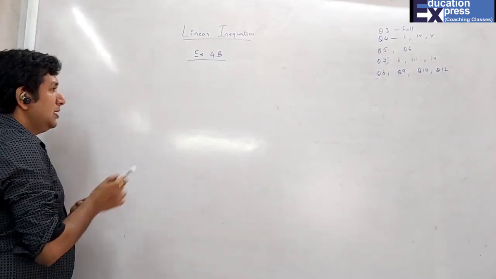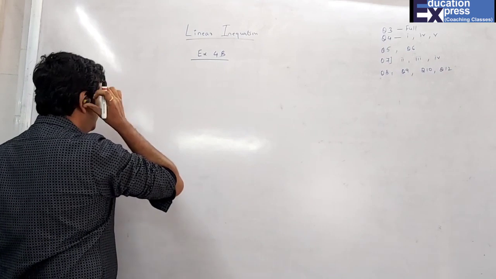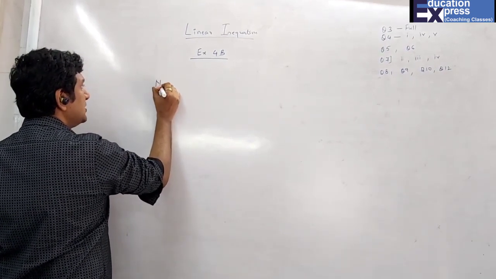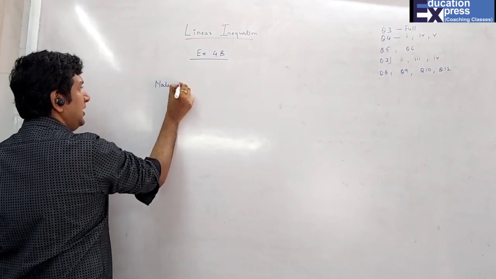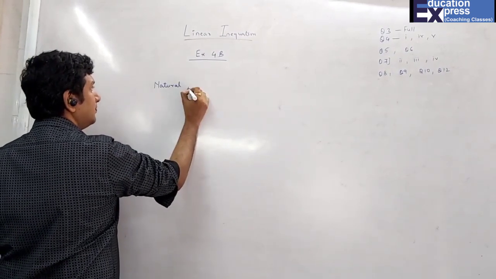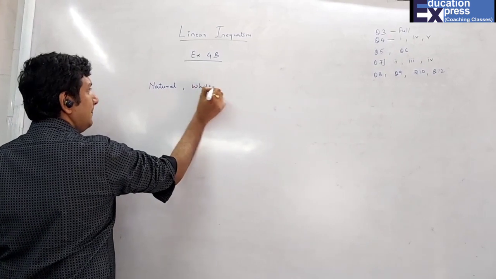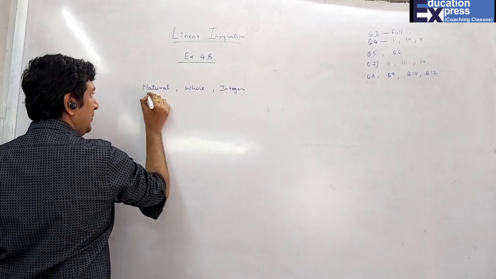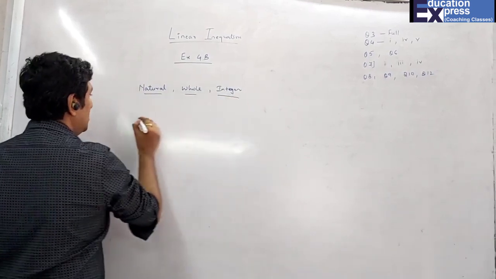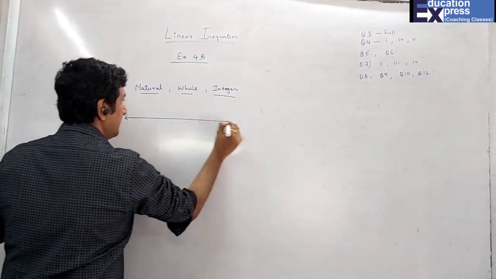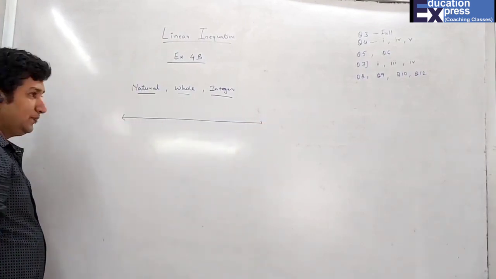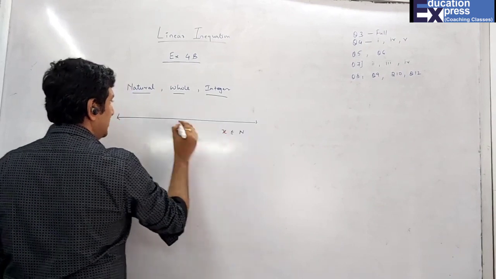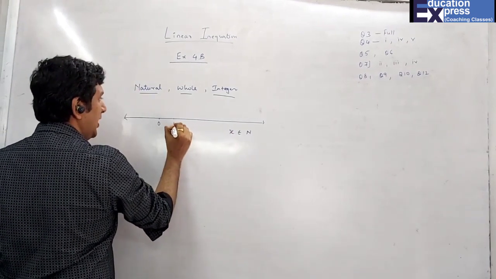First, here we have a division: in case you have to represent a natural number, whole number or integer on the number line. Let us say x belongs to natural numbers.